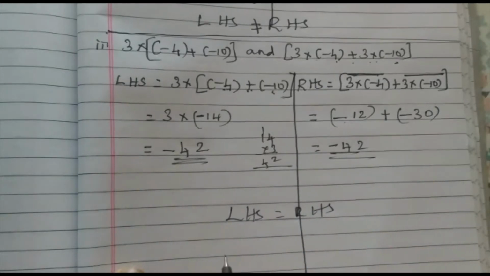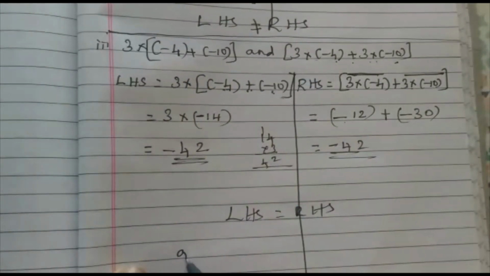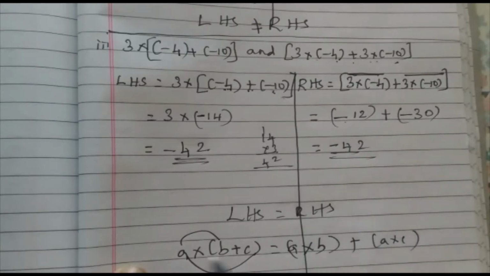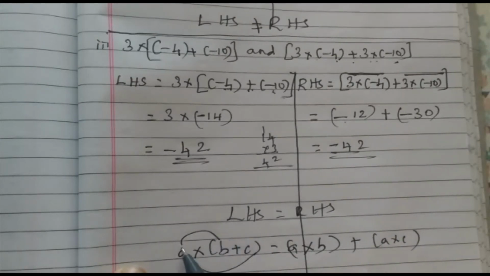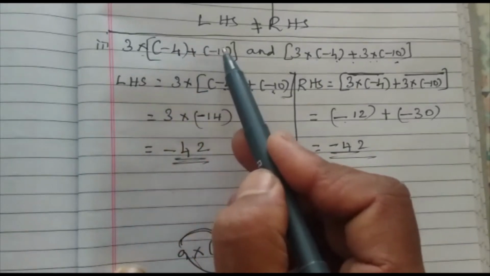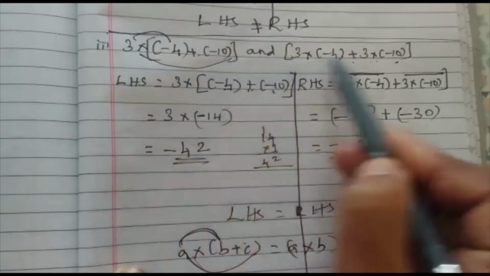What is the name of this property? Can you remember? Recall. A into B plus C is equal to A into B plus A into C. See, 3 into minus 4 plus minus 10 equal to 3 into minus 4 plus 3 into minus 10.